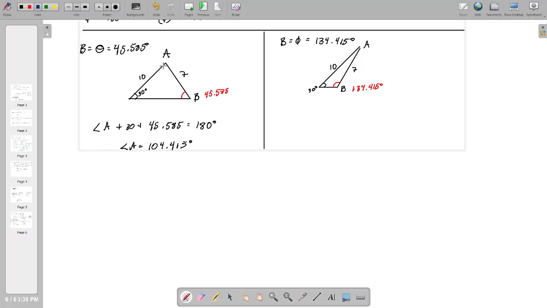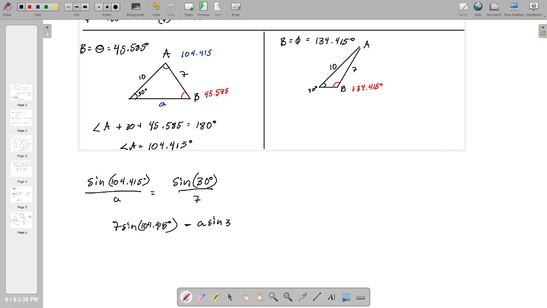Now once we have that, we can use the law of sines to figure out side A. Now all we're missing is side A. So again, use the law of sines. Sine of 104.415 divided by side A is equal to sine of, you want to use the C side because it was given information, so sine of 30 degrees divided by 7. This is unrounded. Cross multiply. 7 sine 104.415 equals A times sine of 30.